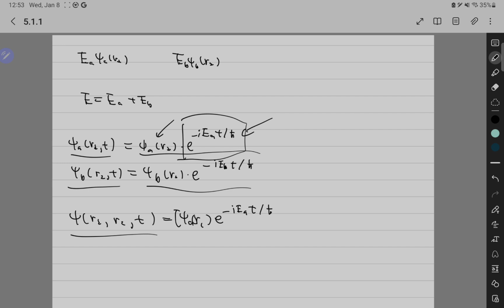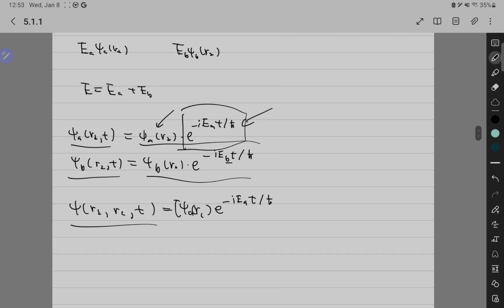Oh, here I made a mistake of filling out EA, but this should in fact be EB, times phi B R2 e to the power of negative I EB T over H bar.